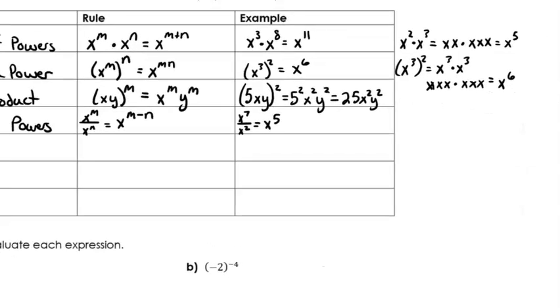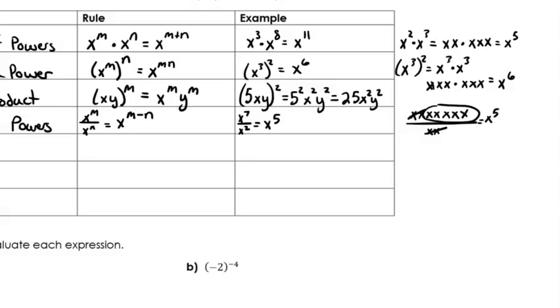The reason why this works, take that as an example. If you had x to the 7th, that'd be like multiplying x times itself 7 times over x squared. You could cancel out 2 x's off of the top and the bottom, and you're left with x times itself 5 times, which is x to the 5th.